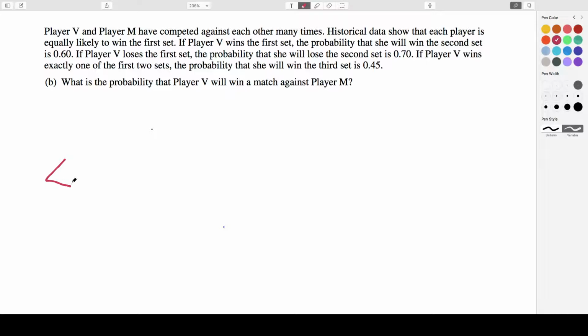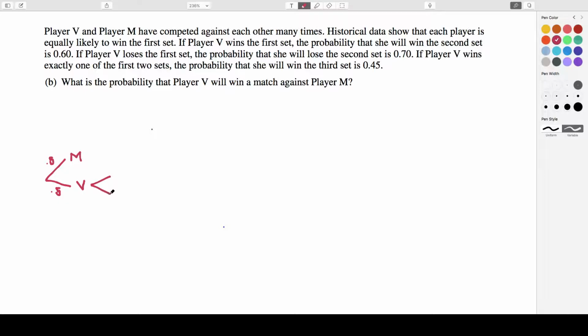First set: either M wins or V wins, correct? What's the first sentence say is the probability? Equally likely. Actually, that's the second sentence. So 50-50. All right, second problem: if V wins the first set.